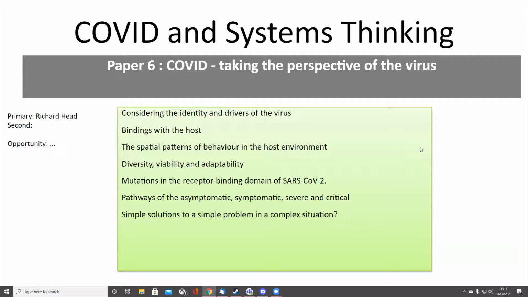If you understand that process, and this is where I'm coming from, you'll understand how to intervene, because it's that very process which is driving the virus not only into the human, but sequentially through the human.